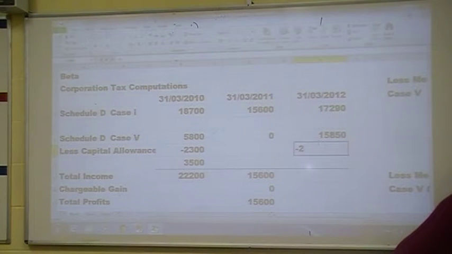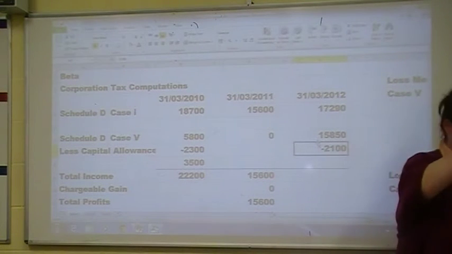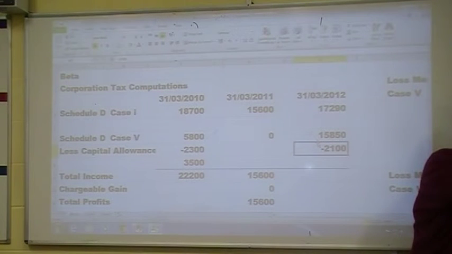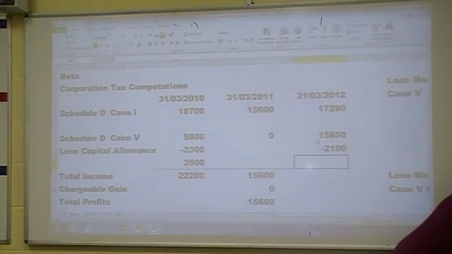So we'll have minus 2,100. Normally you do the capital allowances first and then take the loss off. And then minus 10,400.